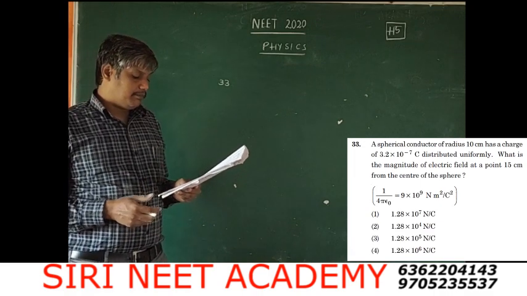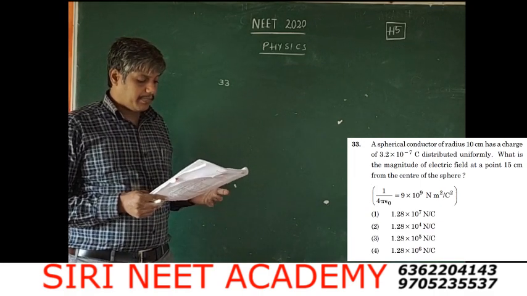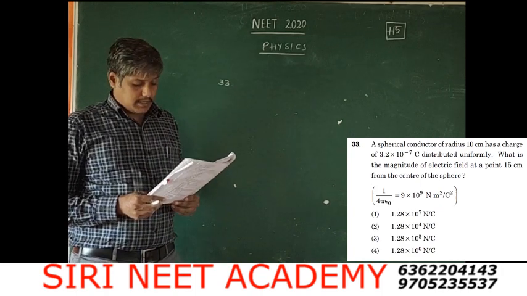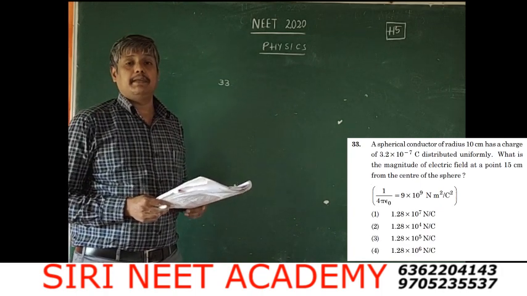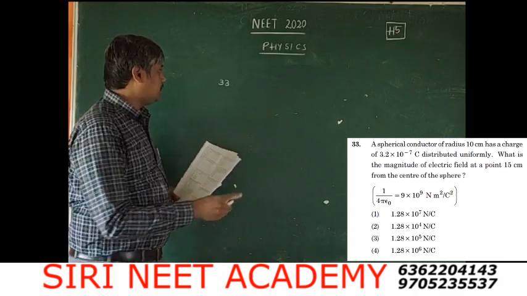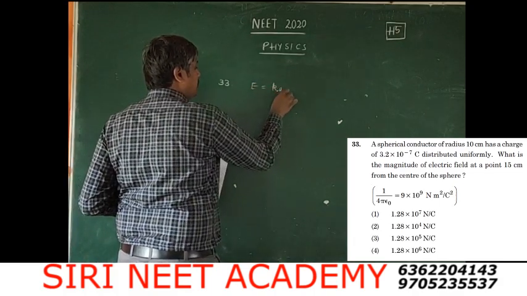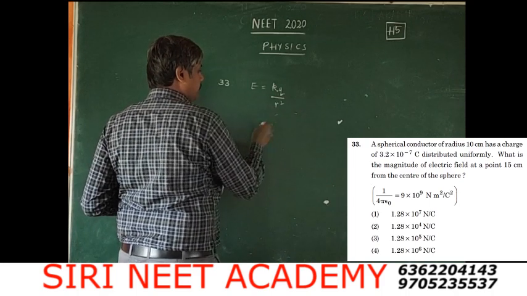As the point is outside the sphere, the whole charge on the sphere can be supposed to be concentrated at the center, and I can write the formula as E = kQ/r².